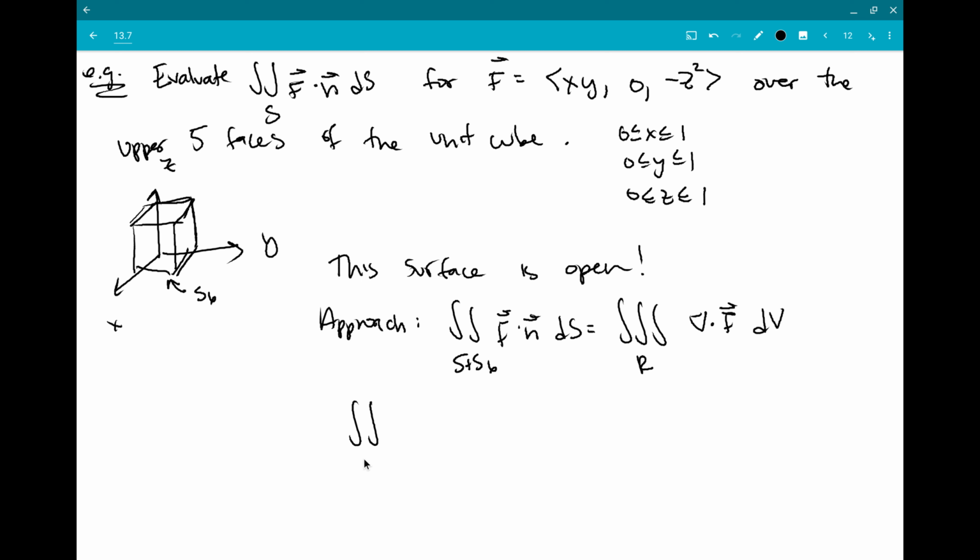And then if I want F dot n of my surface S that's only those 5 faces, then I can look at that divergence theorem result. That tells me flux through all 6 faces. And then I can just subtract the surface integral over only that 6th face.